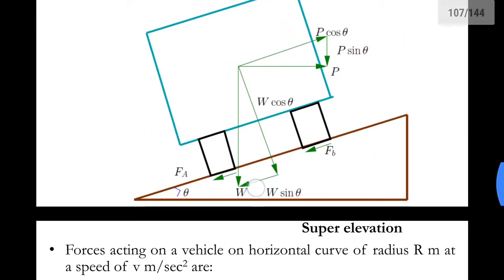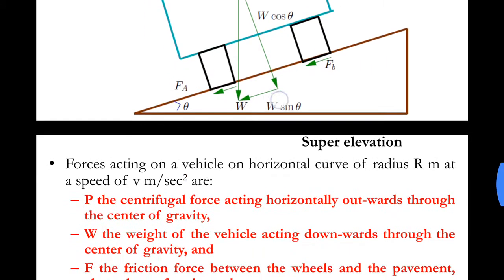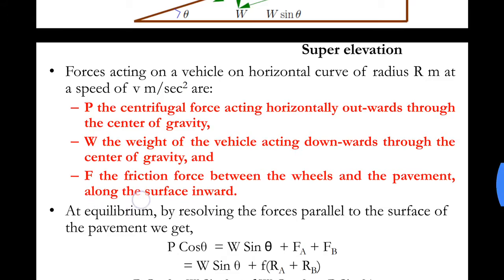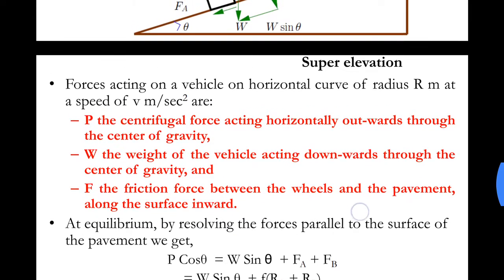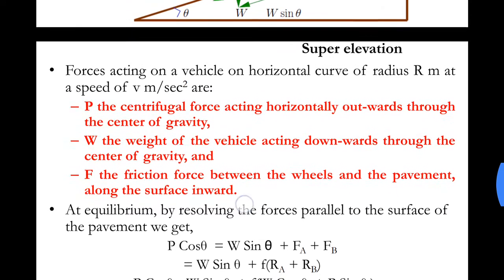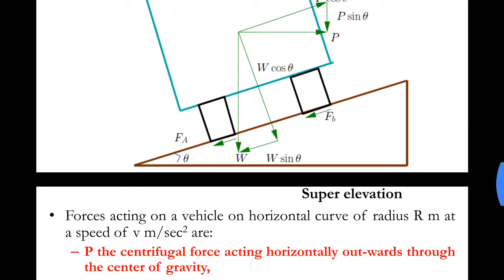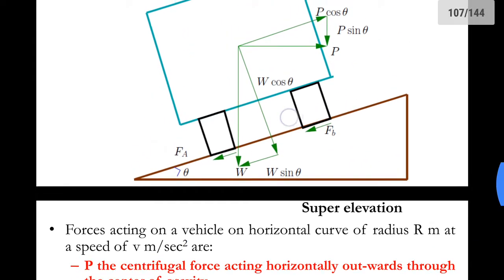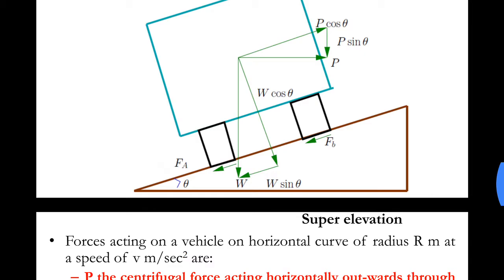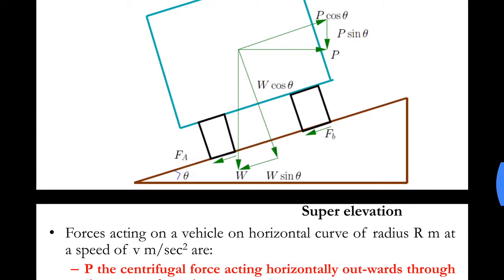Then F, the frictional force between the wheels and the pavement along the surface inwards. So the frictional force will act inwards on both the wheels, and that is Fa and Fb.